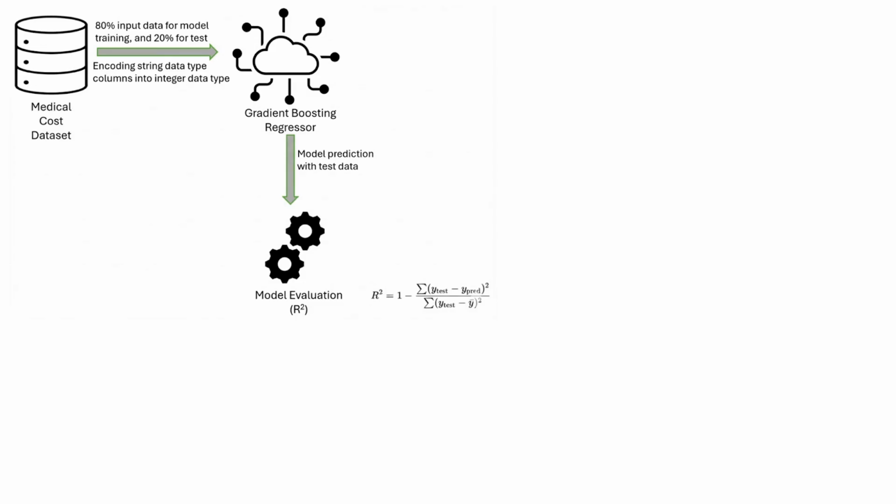This slide shows the full workflow of our regression process in Scicom. We started with the medical dataset and split it into training and test sets, using 80% for training and 20% for testing. During pre-processing, we also encoded any string-based columns into integers.